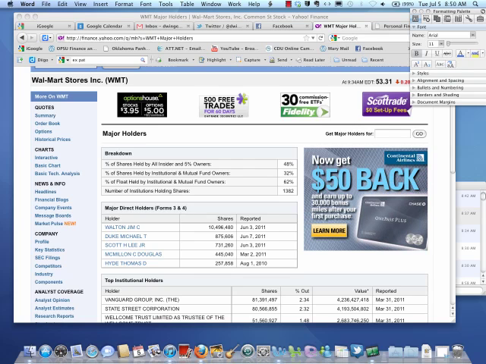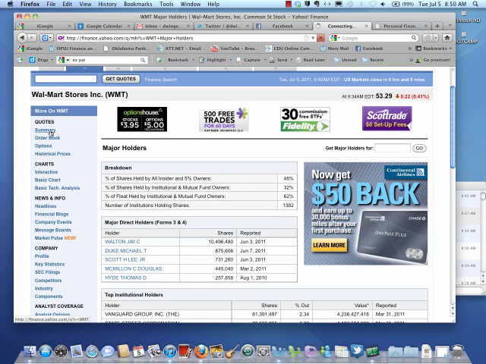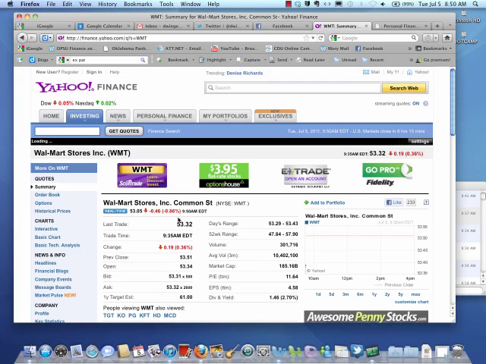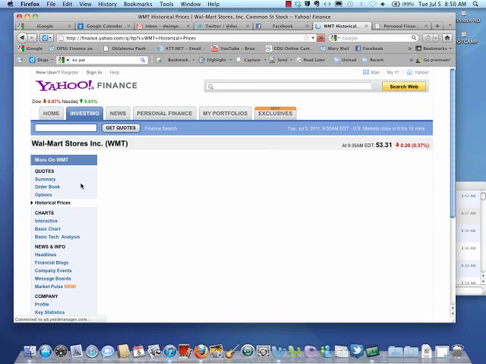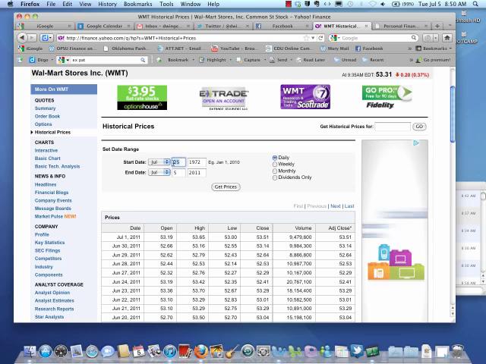Okay, now when you go to the second page, you'll have the current quote. Here's where you can find the current quote real easy right here, 53.62. Quote 1 year ago. Just go to historical prices. What I usually do is go to July 5th, 2010.